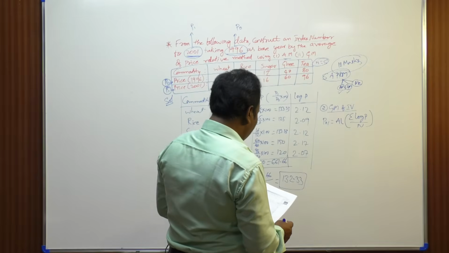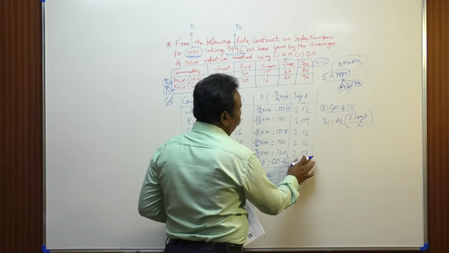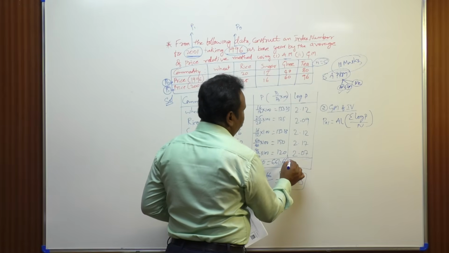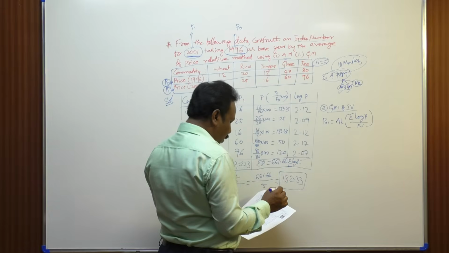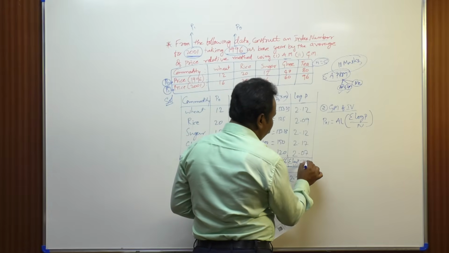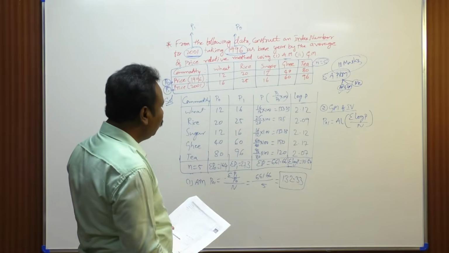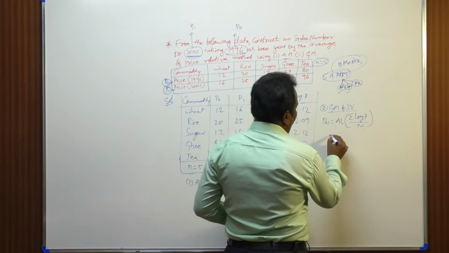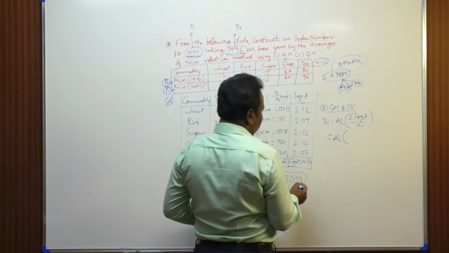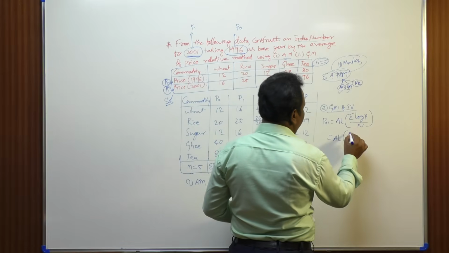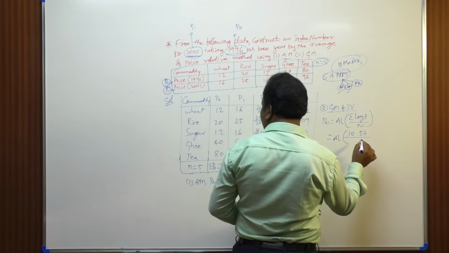log of 133 is 2.12, log of 150 is 2.17, log of 120 is 2.07. Now, what is the summation of log P? So, that is sigma log P equals 10.57. Now, anti-log of summation of log P, 10.57, divided by n equals 5.